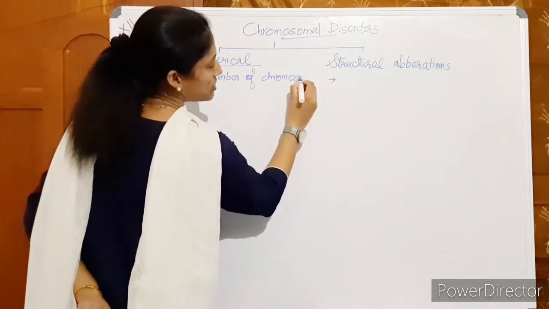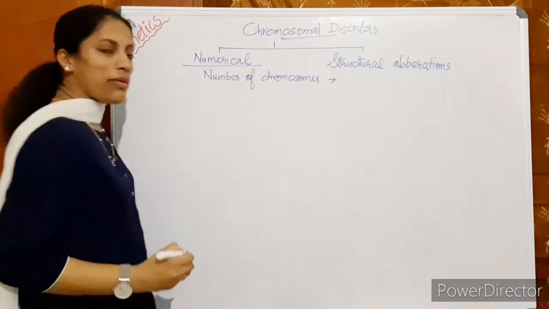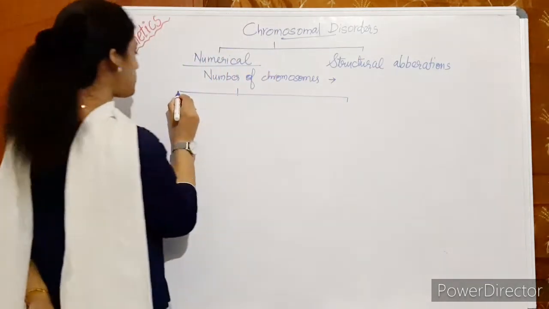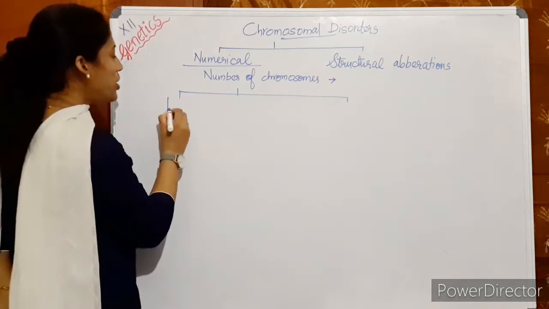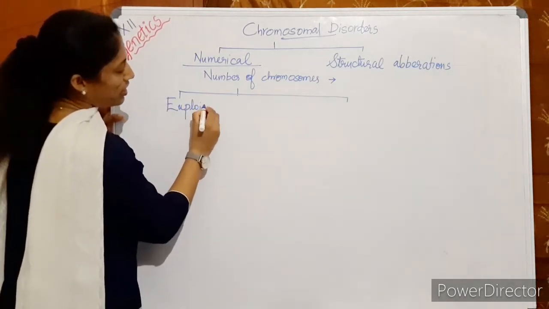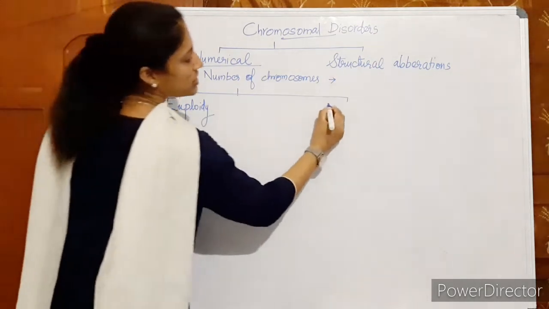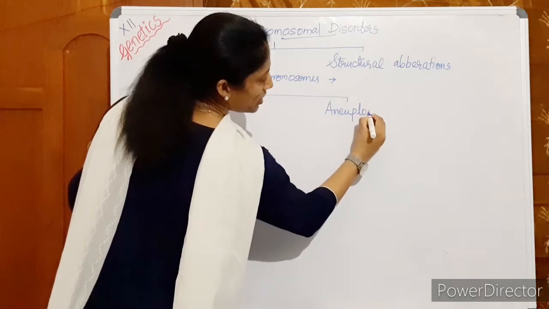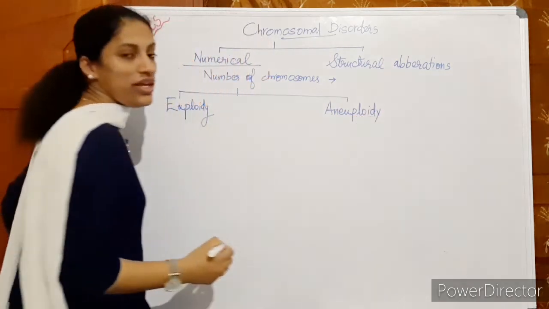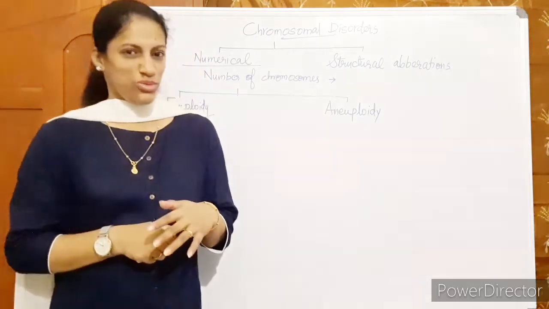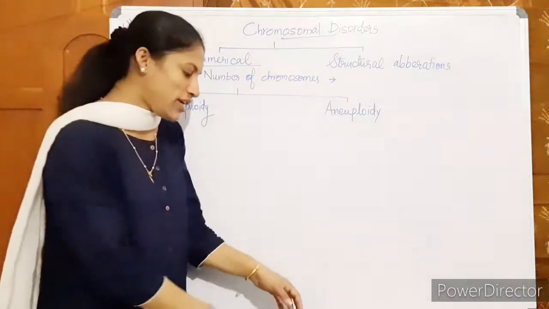Numerical aberrations. This change in number can be categorized into two types. One is euploidy, and the other one is aneuploidy. Have you heard this earlier? Euploidy and aneuploidy? No. Okay, this is the first time you study it, I think.